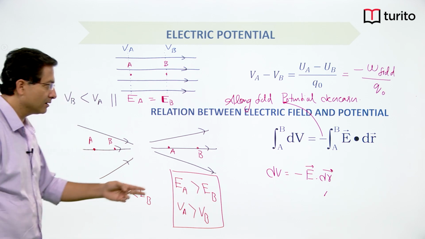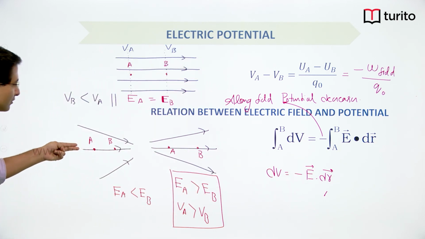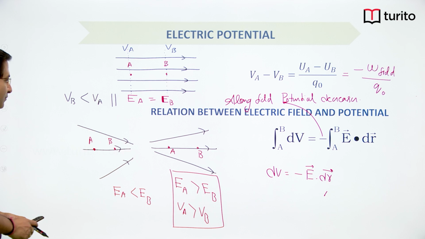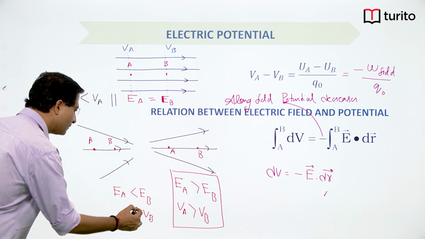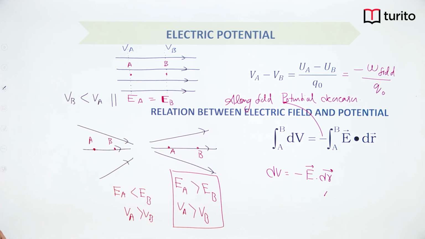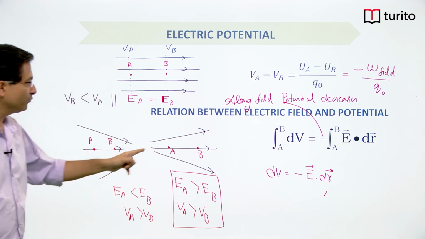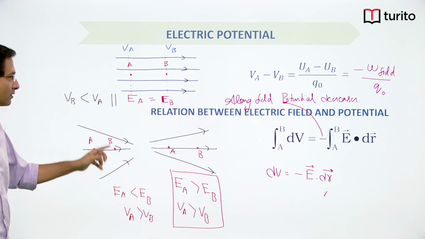Concept of potential: along the direction of field, potential decreases. So, when you move along the direction of field, potential decreases. That means VB will be less than VA. So, VB is less than VA for this situation.